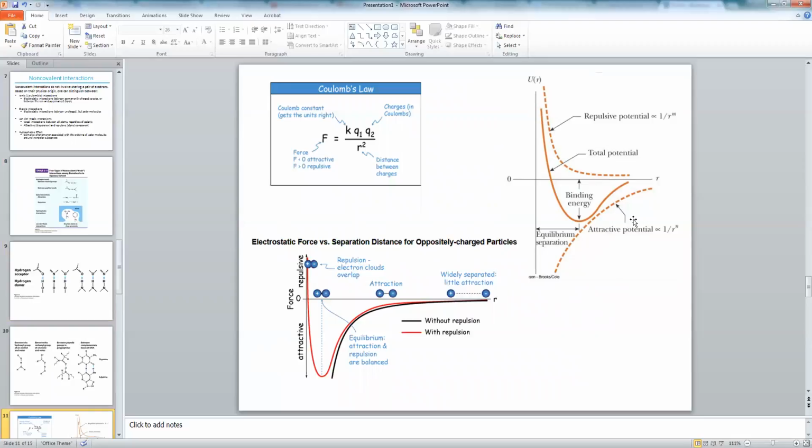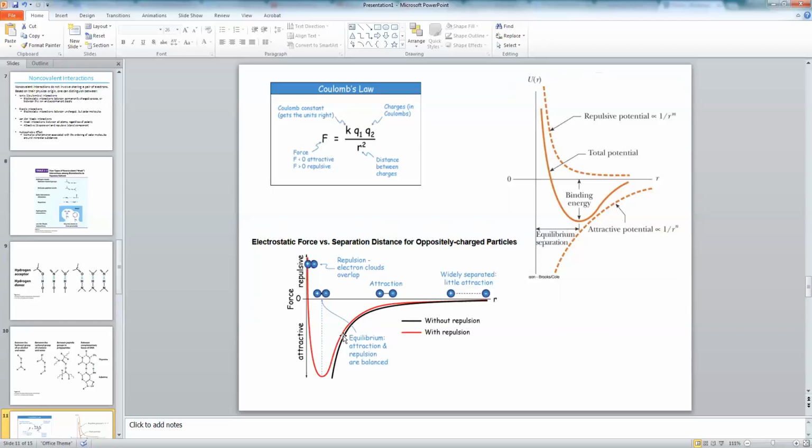But what if they're opposite charges? Well, they're going to have some type of attraction potential as well. And then the reality is that whether or not a bond occurs between these two is going to be dependent upon this curve that we see here, where there's some ideal sense of both the minimum energy that's required and the maximum energy that's required in order for that bond to exist.